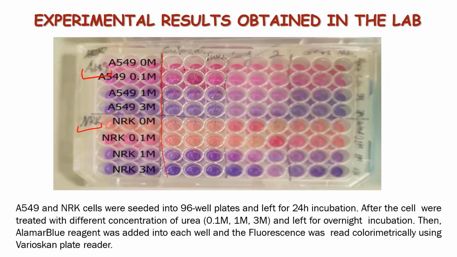As you can see, the NERC cells are much higher in metabolic activity than A549, because these were not treated with the urea, and these NERC cells converted much more Alamar blue to pink than their neighbors A549. Also, you could see that this urea was killing much more NERC cells than A549.